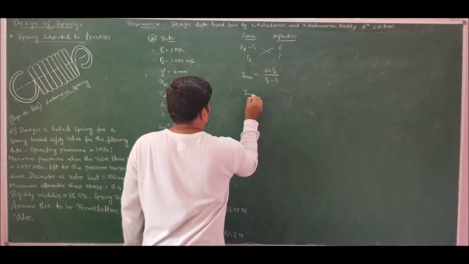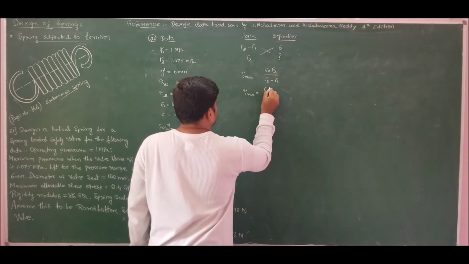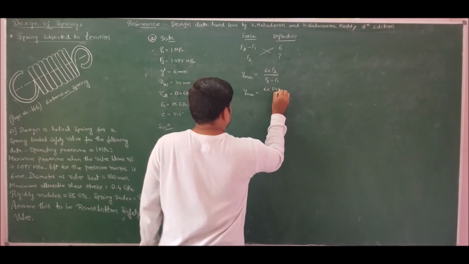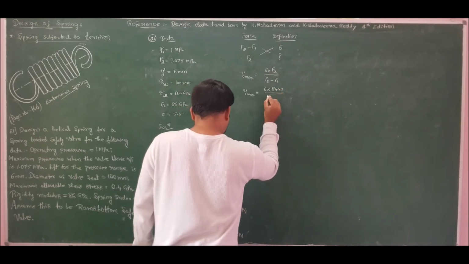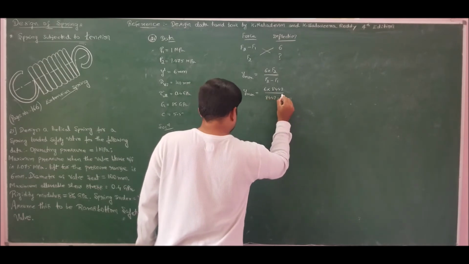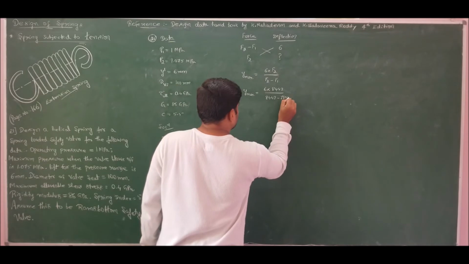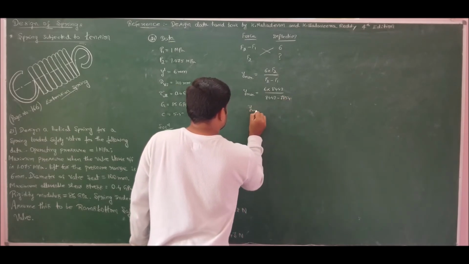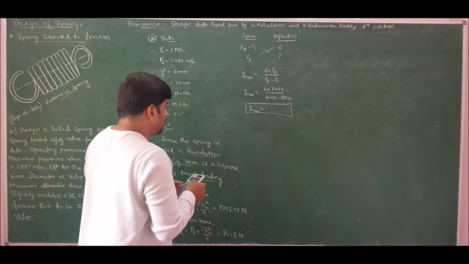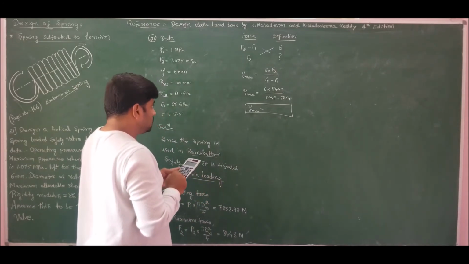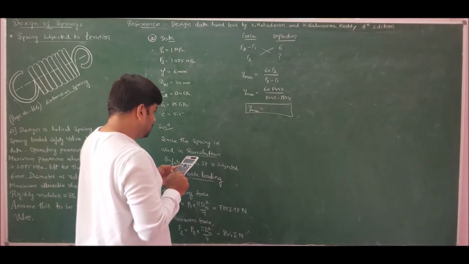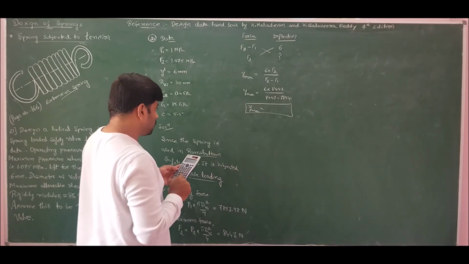So therefore Y max will be 6 into 8443 divided by 8443 minus 7854.